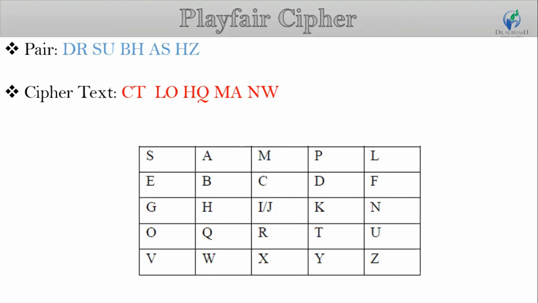For decryption, the same matrix is used. The receiver knows the keyword. For characters in the same row or column, use the ones just to the left or above. Otherwise follow the third rule of encryption.